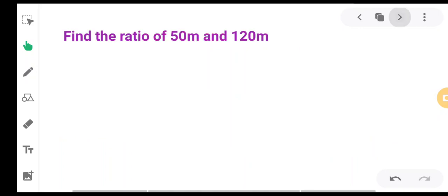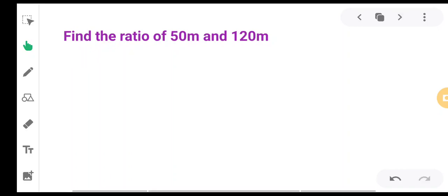Now we are going to find the ratio. See, the question is: find the ratio of 50 meter and 120 meter. Students, observe that both the quantities are of the same kind, length, and are also expressed in the same units, that is meter. So let's start.